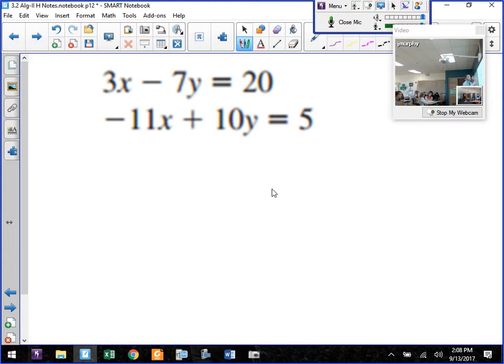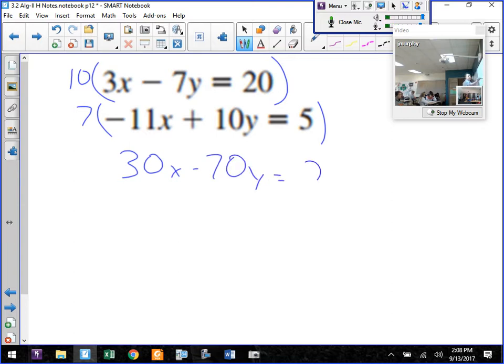I'll multiply the top one by 10, bottom one by 7. So I get 30x minus 70y is 200. Negative 77x plus 70y is 35.